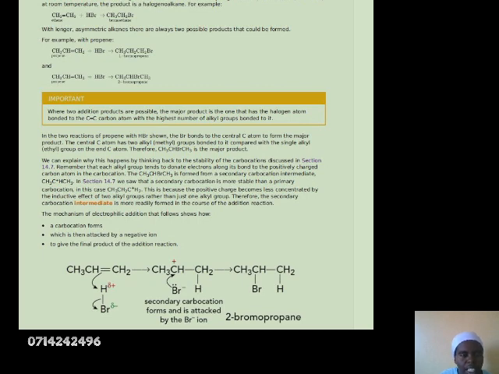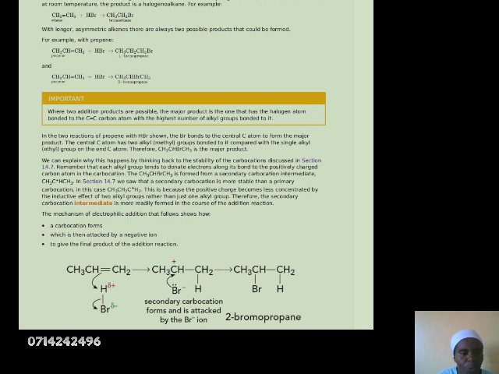Therefore you get 2-bromopropane as the major product. Remember, the most stable carbocation is the one that has more alkyl groups bonded to it, and therefore it has the most stable intermediate. The most stable carbocation is mostly the secondary or the tertiary carbocation.